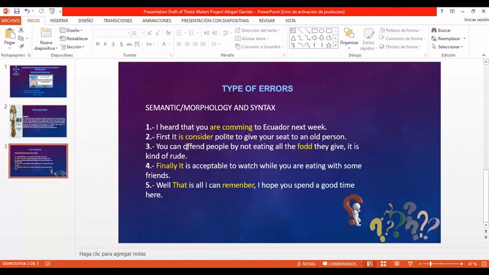In number 2, in this sentence, we have is consider. It is a morphology error and interlingual error. The student makes the mistake by not taking into account the grammatical rule for the second verb, in this case, consider. The correct grammatical rule was to use the suffix ed at the end of the verb.